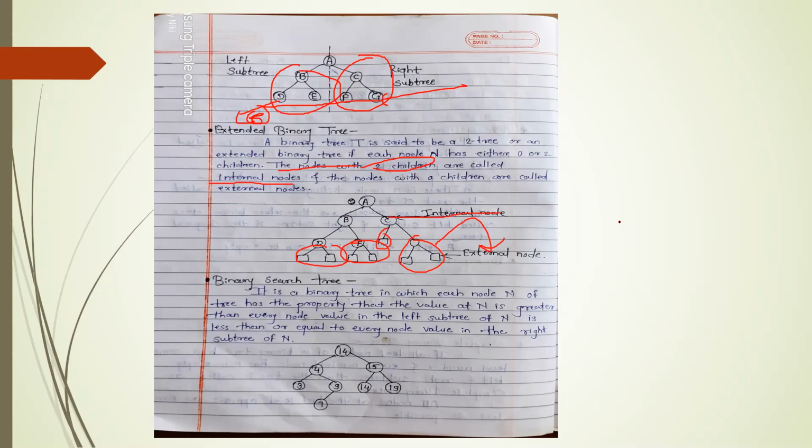Next is binary search tree. It is a binary tree in which each node of the tree has the property that the value at a node n is greater than every node value in the left subtree of n and is less than or equal to every node value in the right subtree of n.